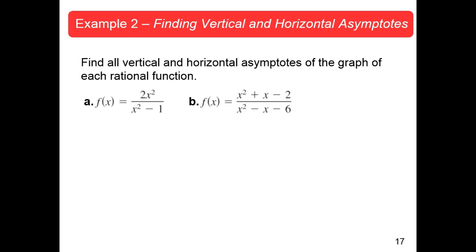What do you want to do first here? You choose. Horizontal asymptote. Okay, so we'll start with HA. And how do we determine HA? Horizontal asymptote?